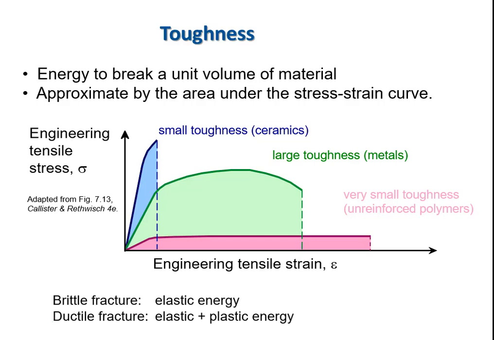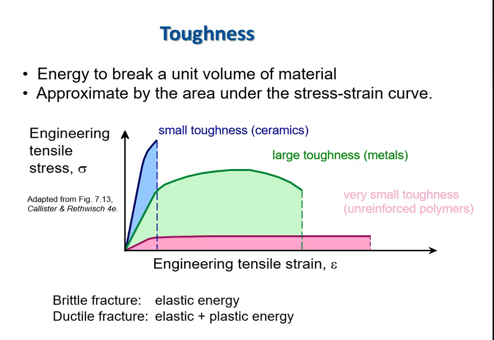A metal, especially one that hasn't been strengthened significantly, is going to have certainly a measurable resilience, a measurable elastic component to its area under the curve, or its mechanical energy absorption, but most of it is going to be coming from plastic deformation.